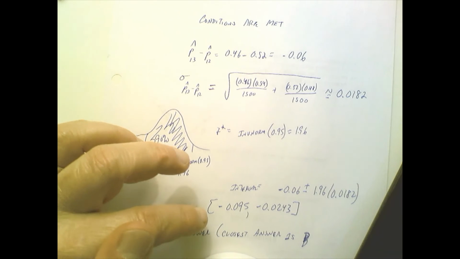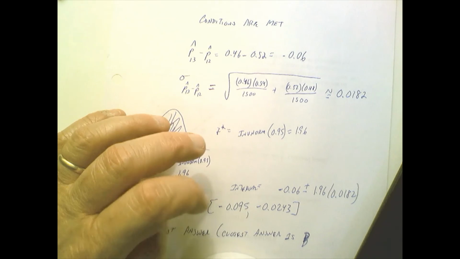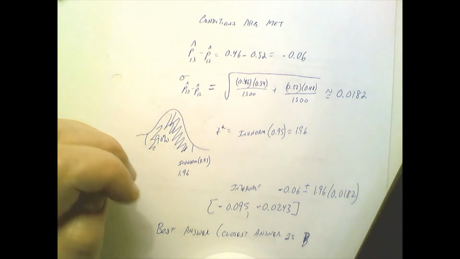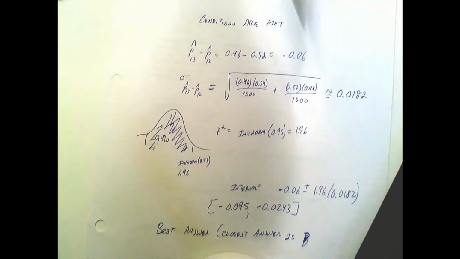And the values that come back are negative 0.095 and negative 0.0243. And if we look at all the answers that the problem gave us, I went to a slightly deeper level of precision, but the best and closest answer would be option B.